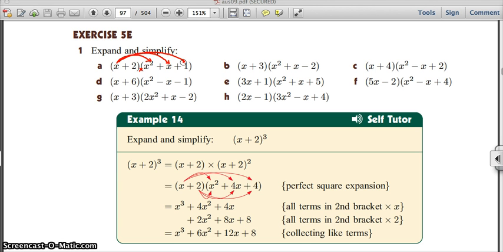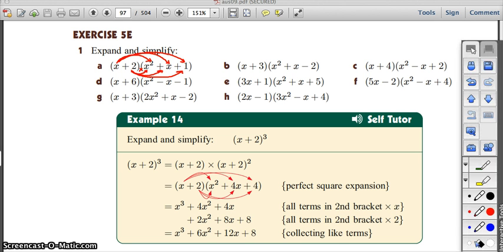And x multiplied by the plus 1. Then we have to multiply the plus 2 by the x squared, the plus 2 by the plus x, and the plus 2 by the plus 1. Everything. So if we were to try and solve that, we started here, x multiplied by x squared.